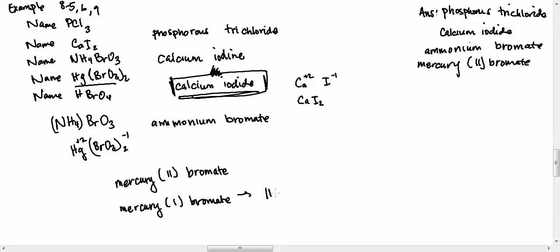It would be HgBrO3 2. Oh no, I'm sorry. There wouldn't be a 2, because you only need 1 BrO3 to balance out the +1 version of mercury. So depending on how you write it, it changes the formula. And in this case, for this one right here, we're dealing with mercury(II) bromate.